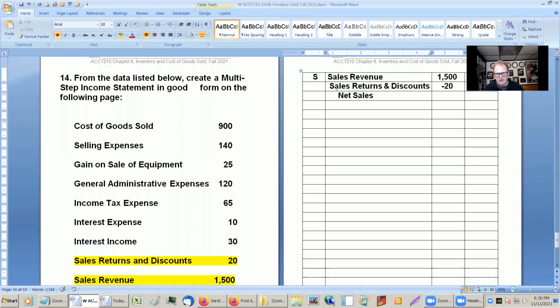By the way, sometimes when you look at a company's financial statements, they'll just have net sales or net revenues. They'll have notes that tell you what they've taken out, but sometimes they'll just give you that one number.